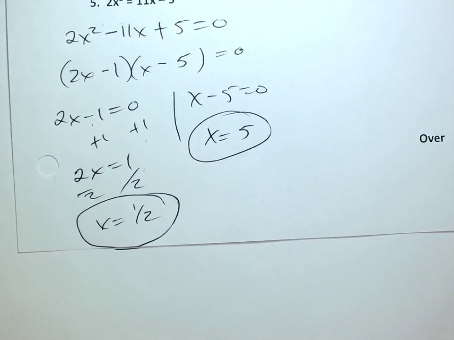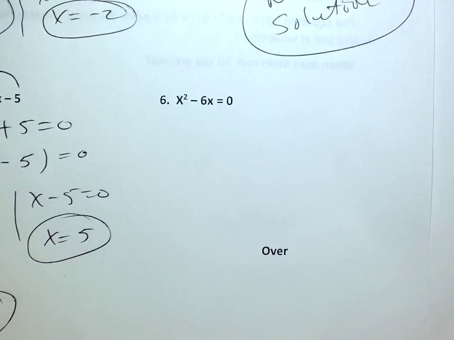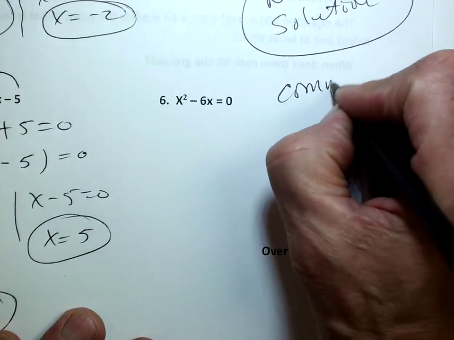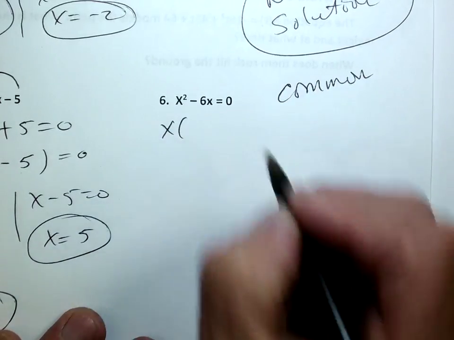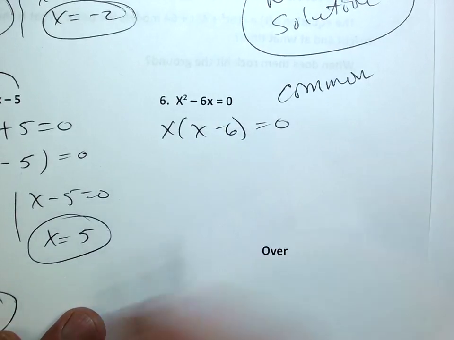Okay, number 6. Now think back to your warm-up, the one Nick did. You guys remember that warm-up that Nick did? This one's called common factoring, isn't it? So if we common factor, they have a common x, right? We have an x minus 6 equals 0, right?